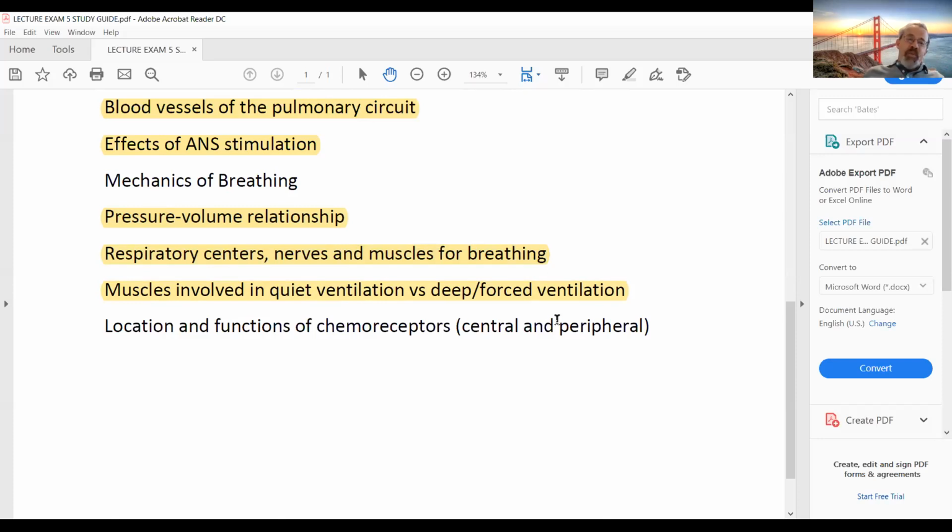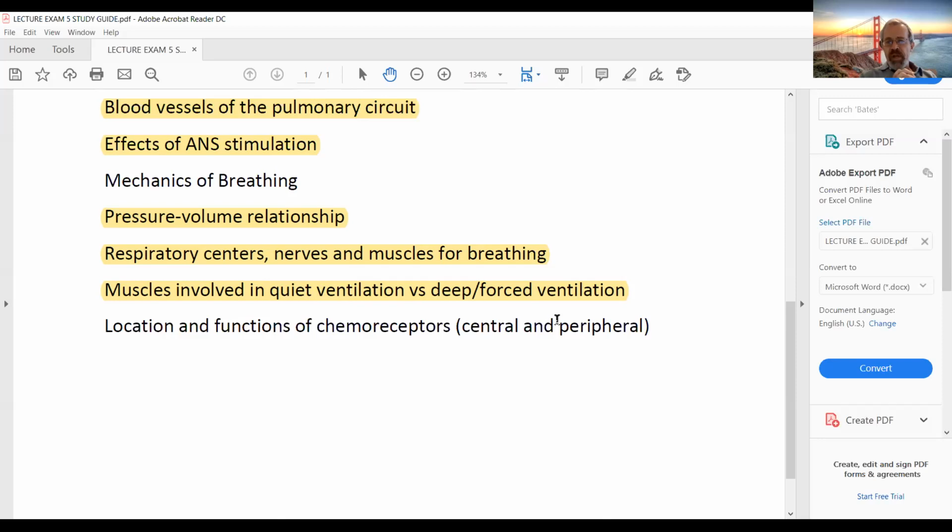Now, not any less important are the functions of the chemoreceptors, even though they're not the primary cause of our breathing. That's the medulla. These influence how fast or how slow, which is dictated by oxygen, CO2, and pH conditions in the body. I do want to mention that the principal factor is the CO2 and the pH.